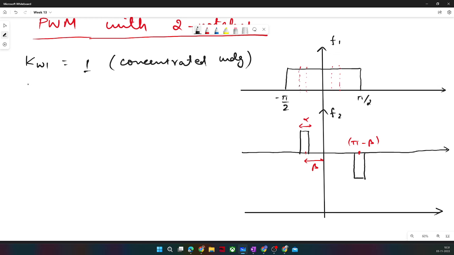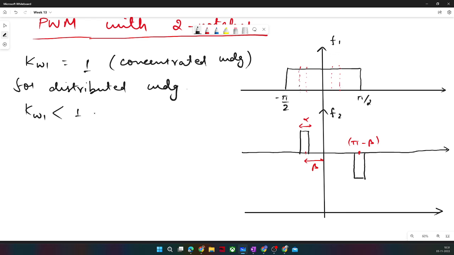And as we distribute it for distributed winding, our winding factor depends on how much we are distributing sinusoidally. So its magnitude will always be less than 1. However, its MMF component would be more sinusoidal.